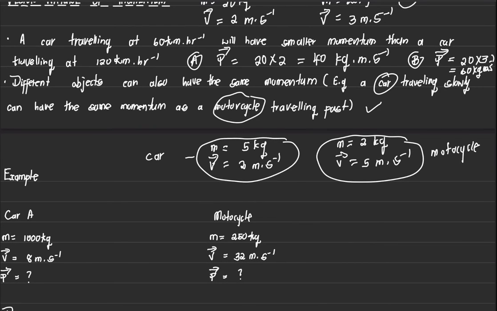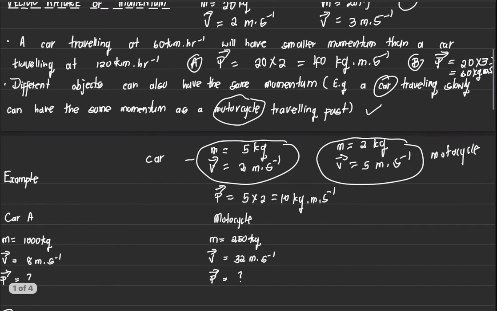So in this example, the momentum of the car is going to be equal to 5 multiplied by 2, which is equal to 10 kilogram meters per second. And if you come to the motorcycle, which has a much lesser mass, we're going to have a momentum which is equal to 2 multiplied by 5, which is equal to 10 kilogram meters per second.